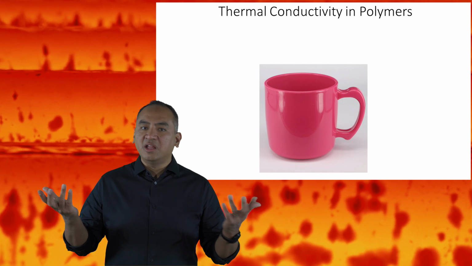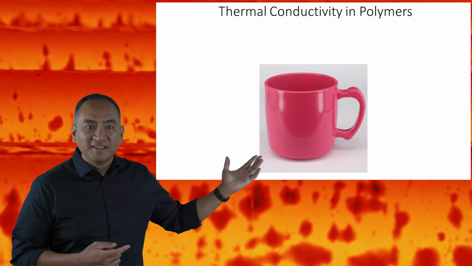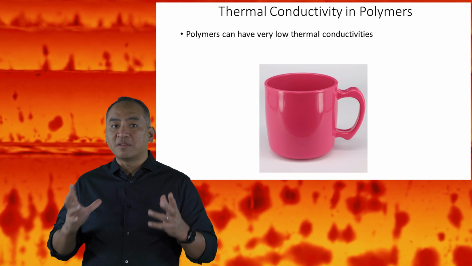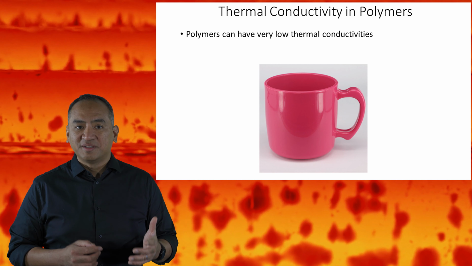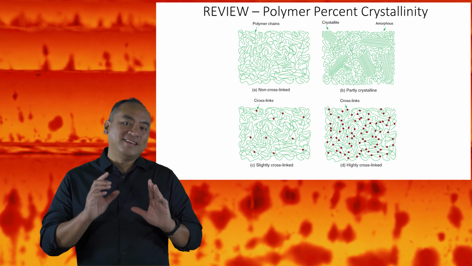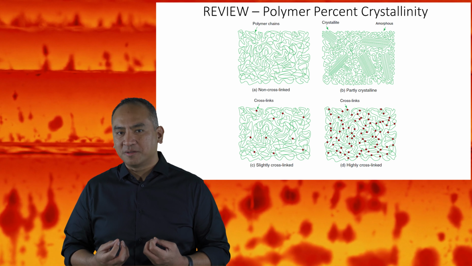What about polymers? Polymer mugs certainly exist. Additionally, some polymers have much lower thermal conductivities relative to ceramics. So, why is this the case? In Engineering 86, we covered the structures of polymers.